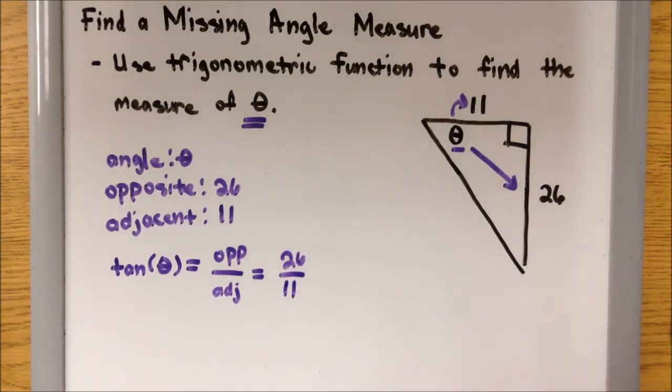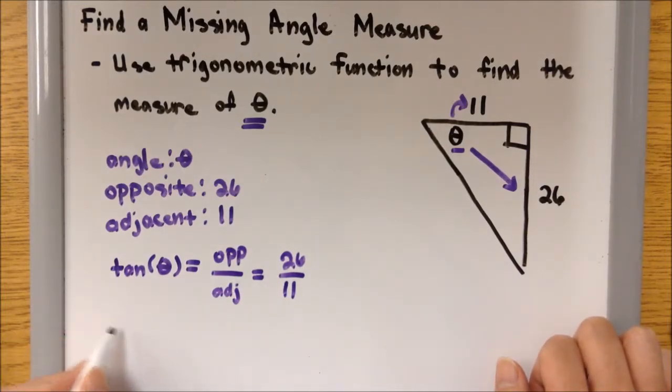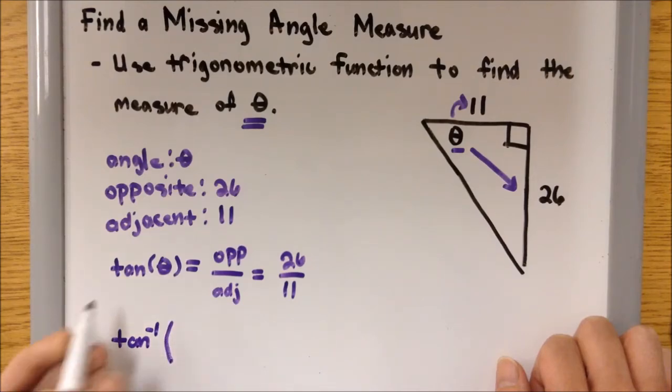Now if we were to apply the inverse tangent or arctangent, then this is the form that it would look like. So it would be inverse tan, then the ratio it was equal to would be inside the parentheses.